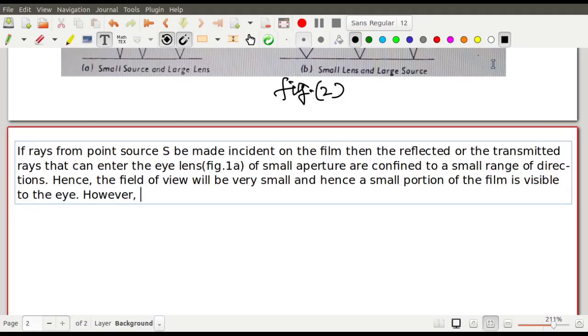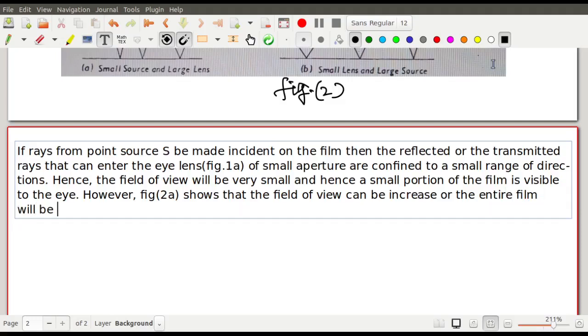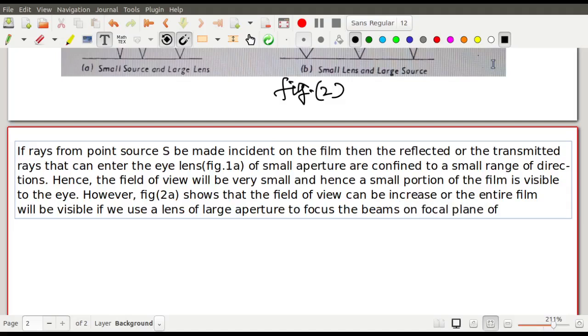However, figure 2a shows that the field of view can be increased, or the entire film will be visible, if we use a lens of large aperture to focus the beams on the focal plane of the lens, right?